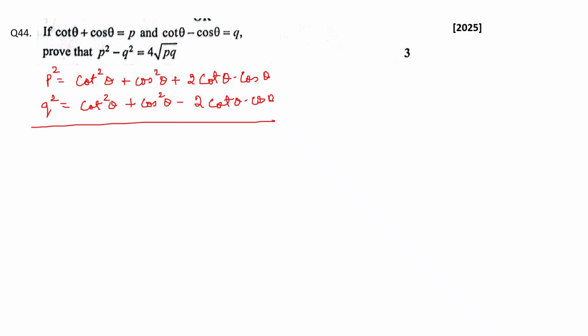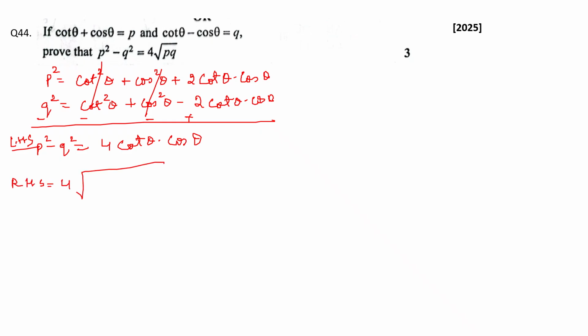Now when you subtract this, what will happen? This and this will get cancelled. So P square minus Q square will be 2 plus 2, 4 times cot theta into cos theta. Okay, this is your LHS part. Now I'm taking RHS, 4 times root of PQ.